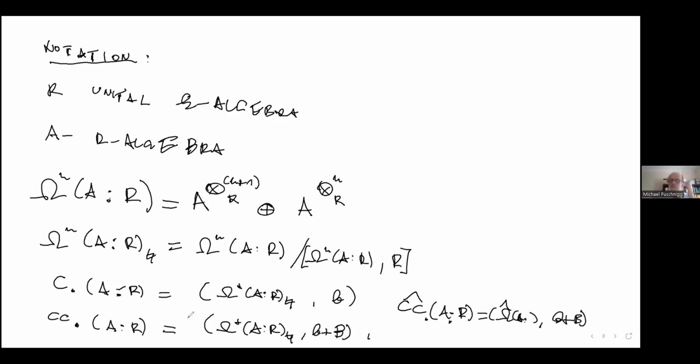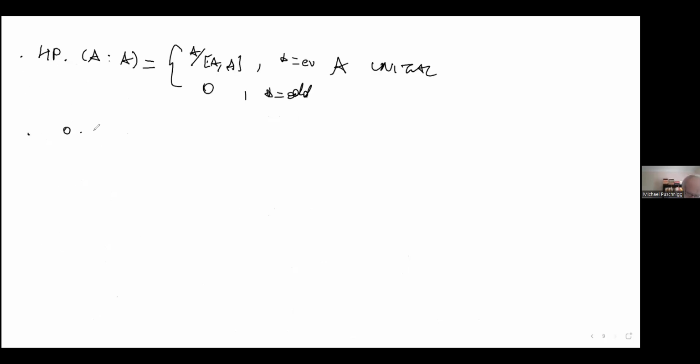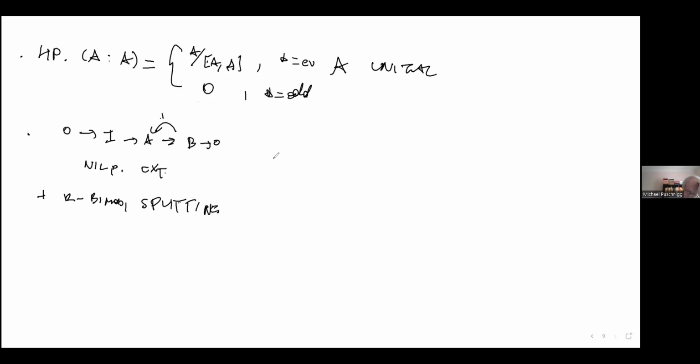Does excision hold? And for example, for Cuntz-Quillen's theorem, there is quite a simple criterion, namely, if you have a nilpotent extension, and if you suppose that it splits in the category of R-bimodules, so it's an R-bimodule splitting, then Cuntz-Quillen tells you that HP of A relative to R to HP of B relative to R will be an isomorphism.